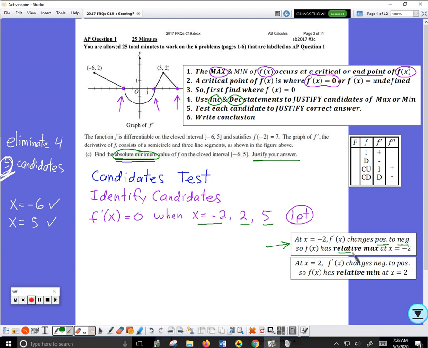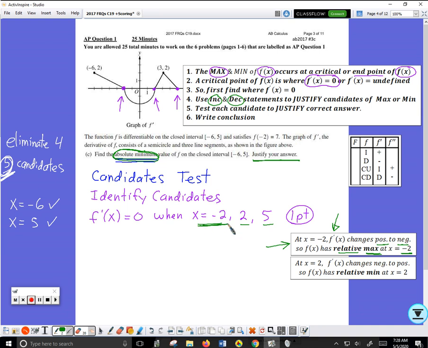Therefore, f has a relative max at x equal negative 2. Well, f can't have its absolute min where f has a relative max. So this statement right here is sufficient as my elimination of this candidate.